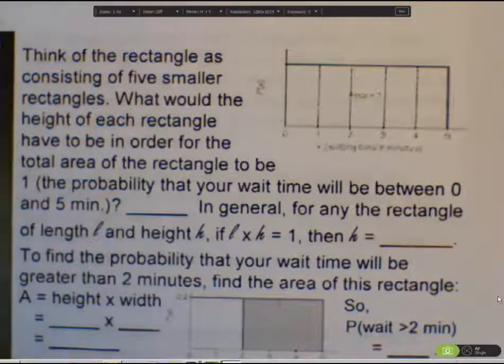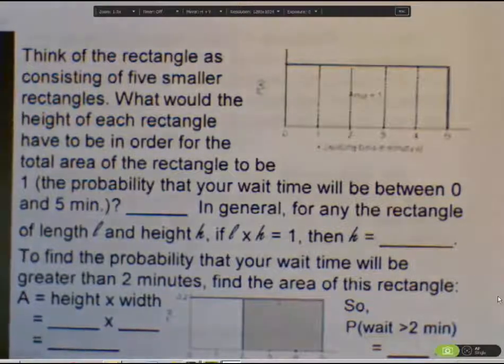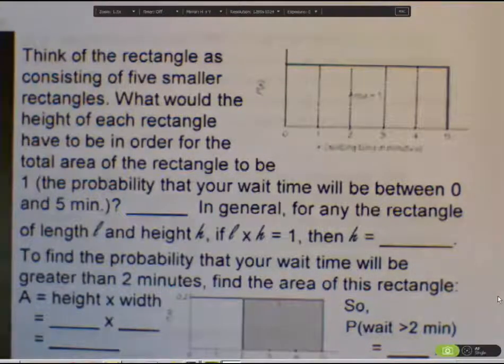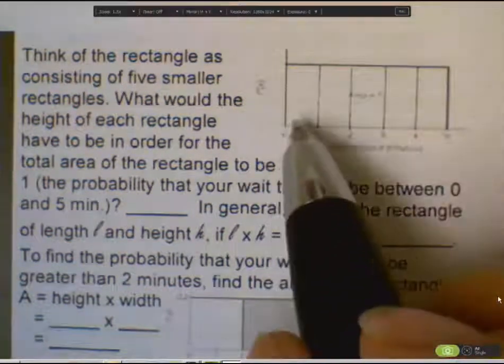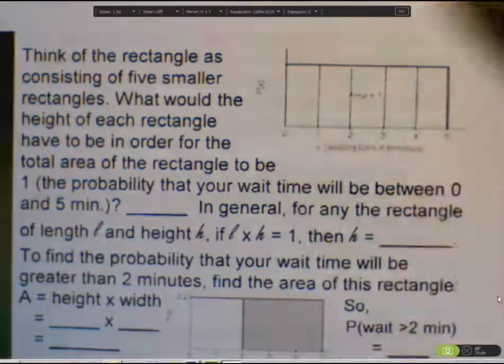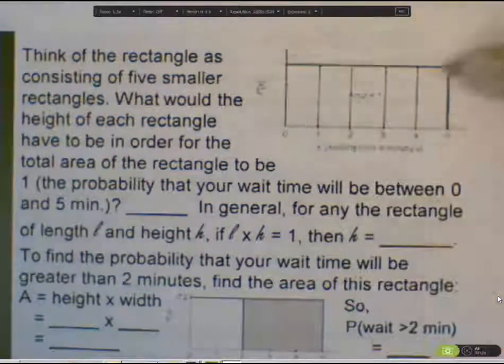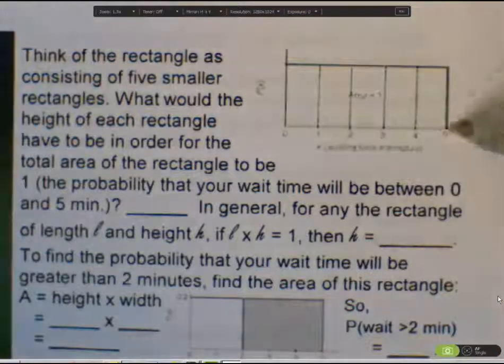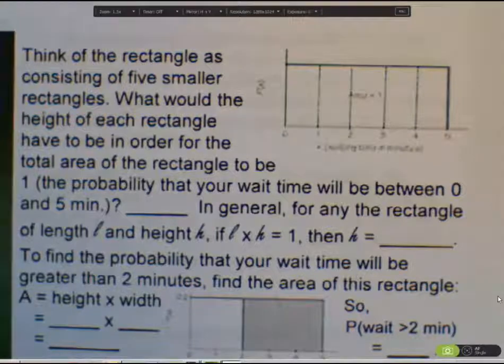What would the height of each rectangle have to be in order for the total area of the rectangle to be 1? We said the probability of a wait time between 0 and 5 is 1. So what would this height have to be if this entire rectangle was to have an area of 1?